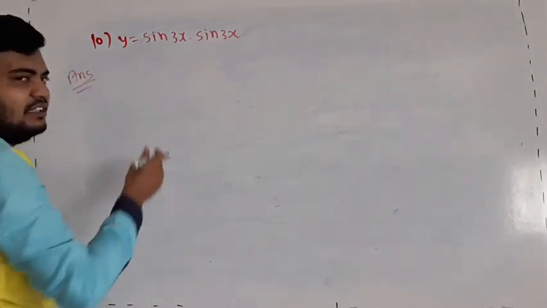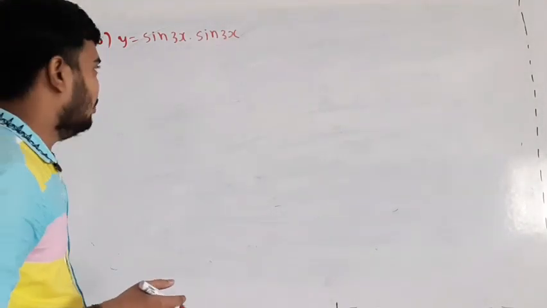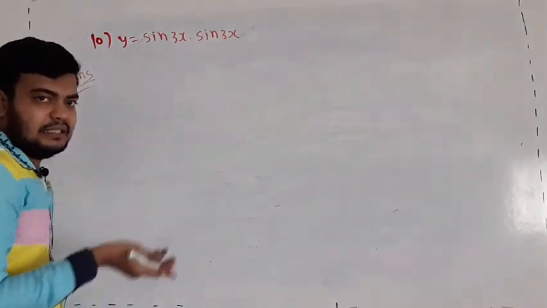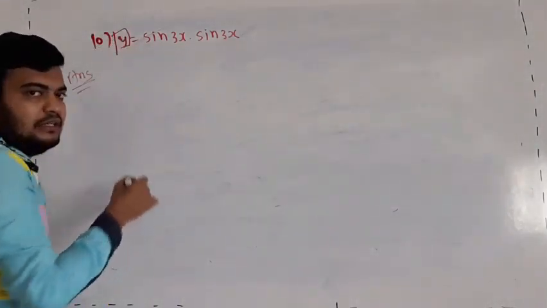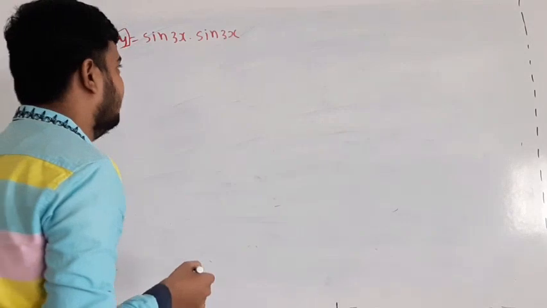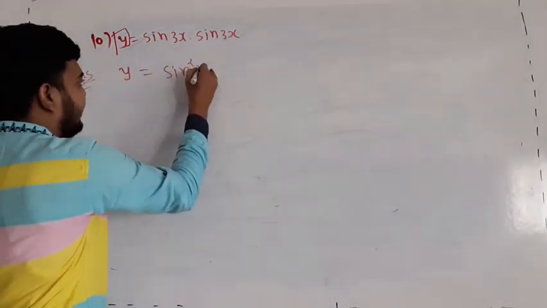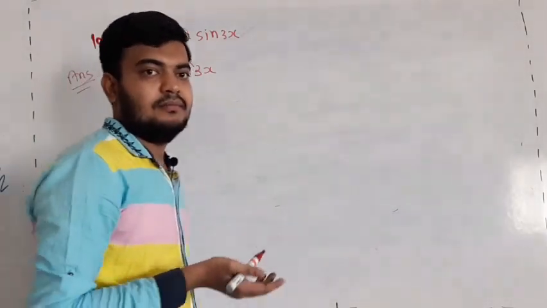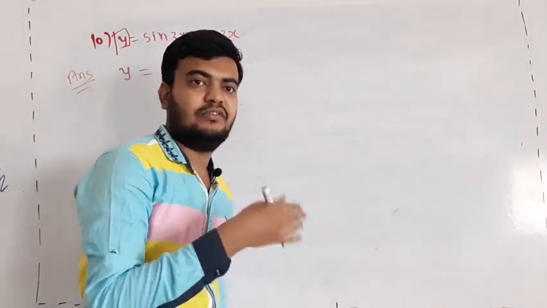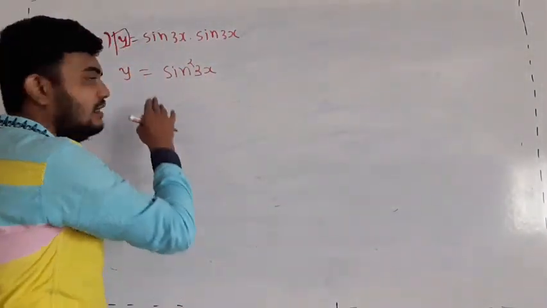There is a multiplication sign between sine 3x and sine 3x, so using the multiplication rule we can find dy by dx. But here sine 3x into sine 3x is sine square 3x, so we can also use the composite function rule, the chain rule.